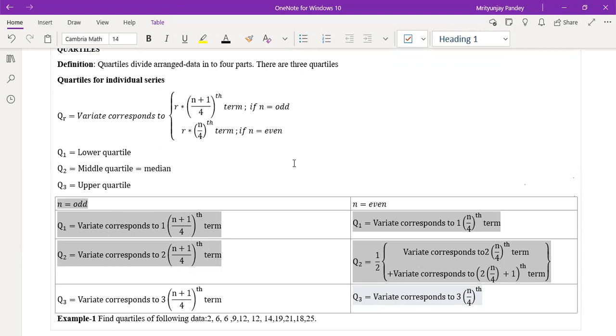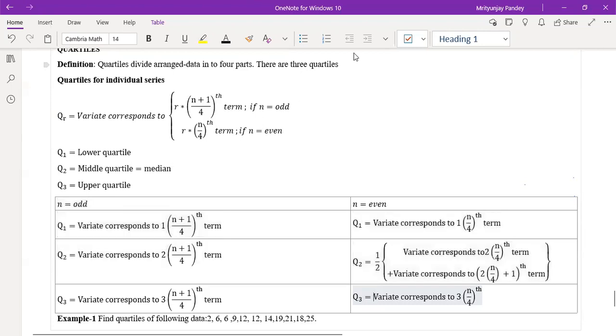QR equals R into (n plus 1) divided by 4th term if n is an odd number, and if n is an even number, then the quartile formula is R into n by 4th term. Here substitute R equal to 1, 2, 3, like that. Then we will get the values of Q1, Q2 and Q3.